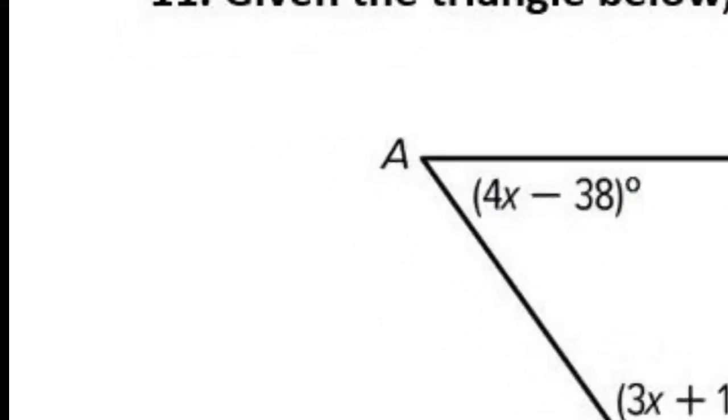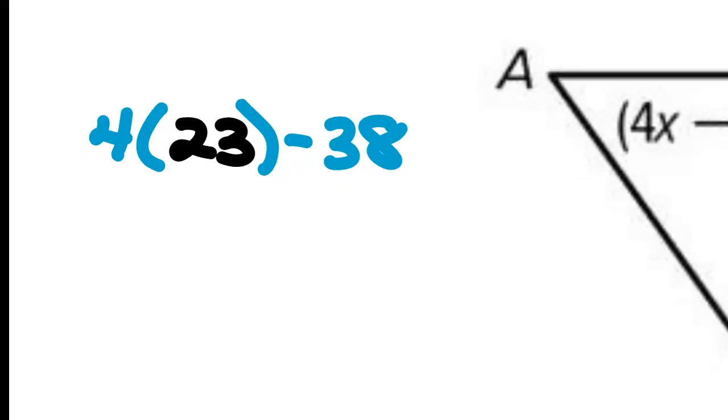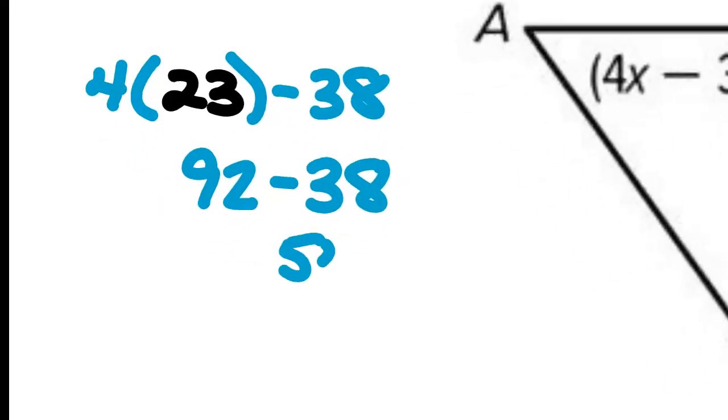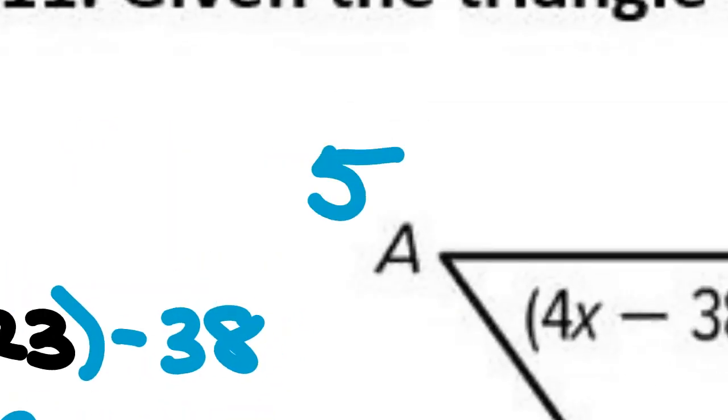For angle A, we do 4 times 23 minus 38. What is 4 times 23? 92. And 92 minus 38 is 54. So angle A is 54 degrees.